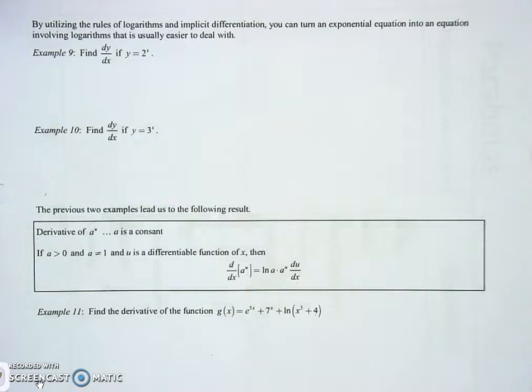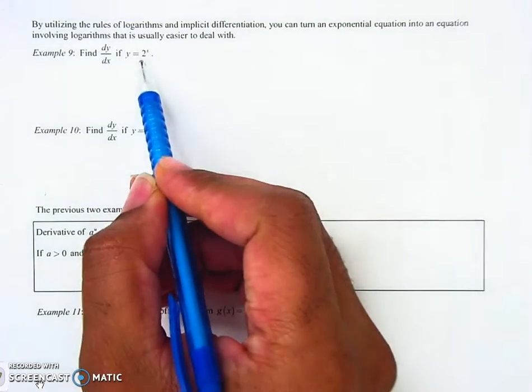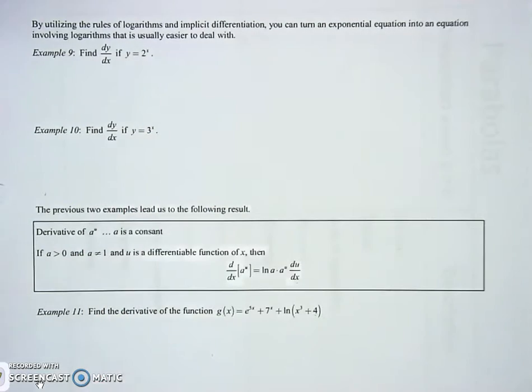So here it says, by utilizing the rules of logarithms and implicit differentiation, you can turn an exponential equation into an equation involving logarithms that is usually easier to deal with. So here we have an exponential function, y equals 2 to the x power.